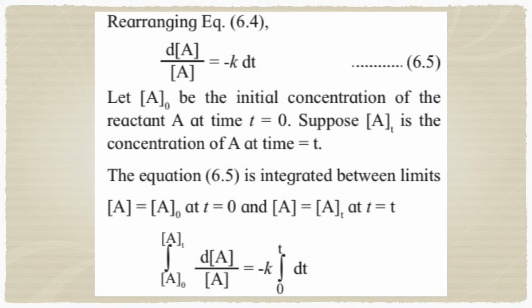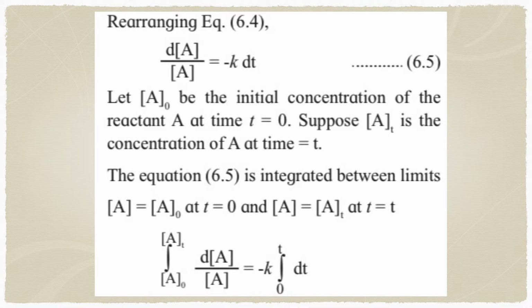Now let us assume that molar concentration of A naught is the initial concentration of the reactant A at time t equal to 0. That means at time t equal to 0, the molar concentration of the reactant is taken as A naught.